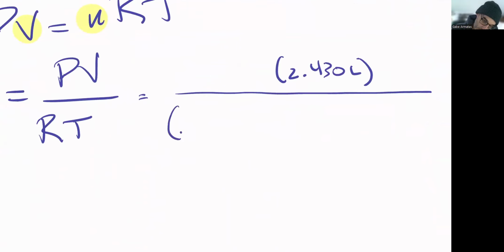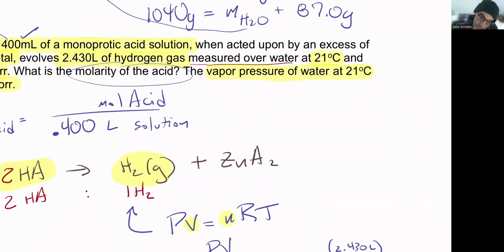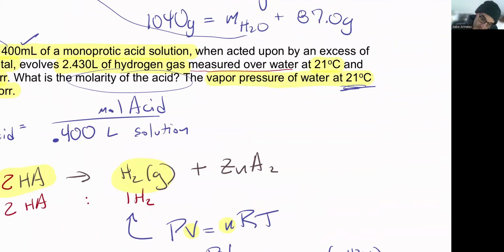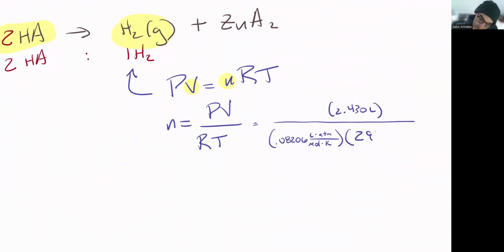This is a constant, 0.08206 liters times atmospheres per moles times Kelvin. My temperature has to be in Kelvin. It's 21 degrees, so 273 plus 21 gives me a value of 294 Kelvin.